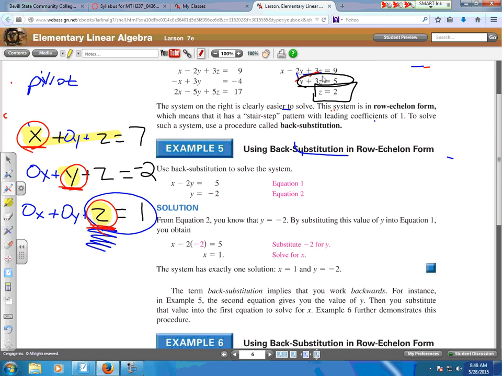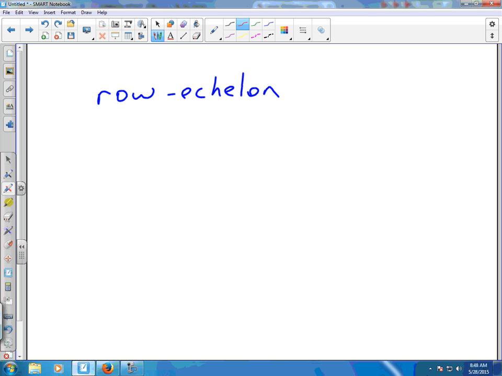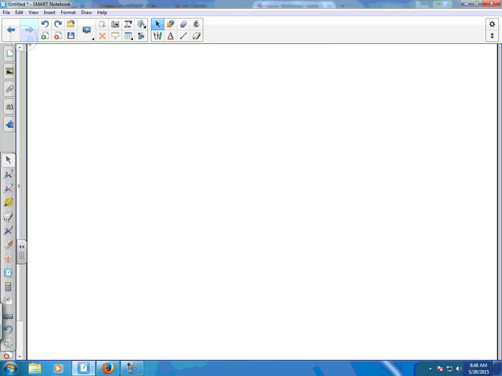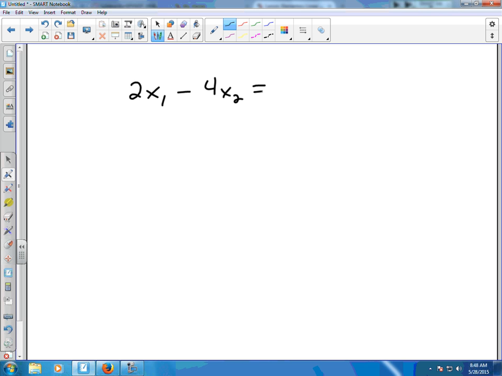Let's see. They give us a problem where they say use back substitution to solve the system. So let's look at 2x1 minus 4x2 equals 6, and 3x2 equals 9.